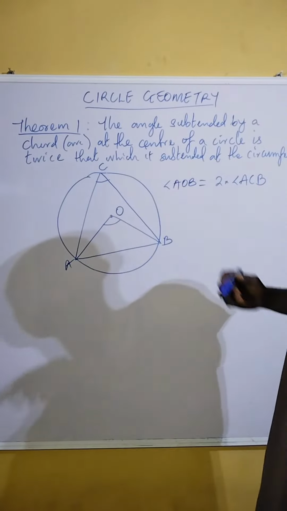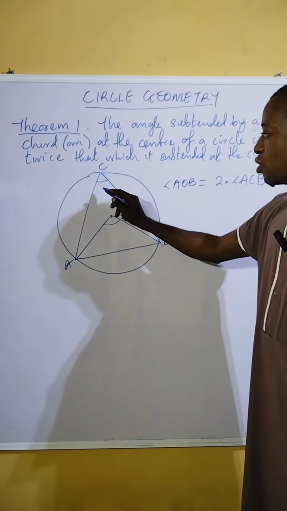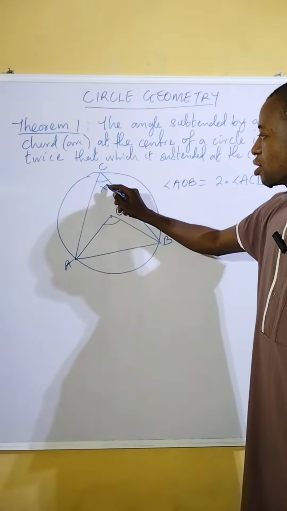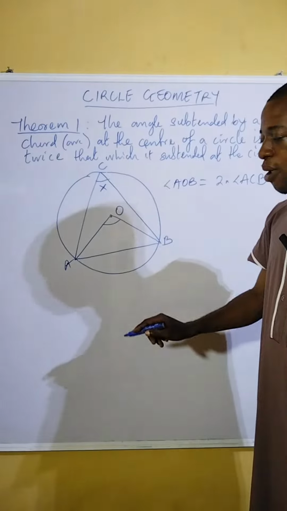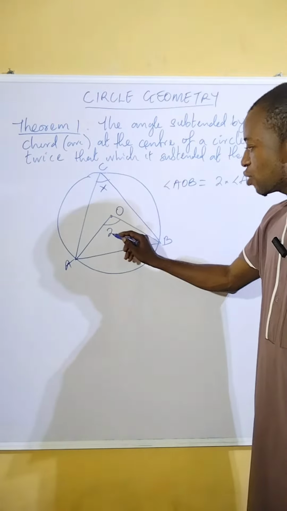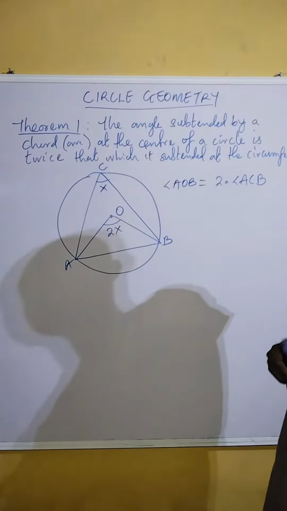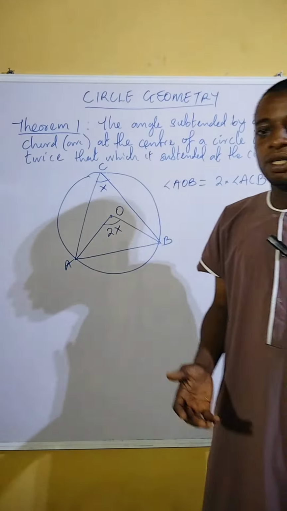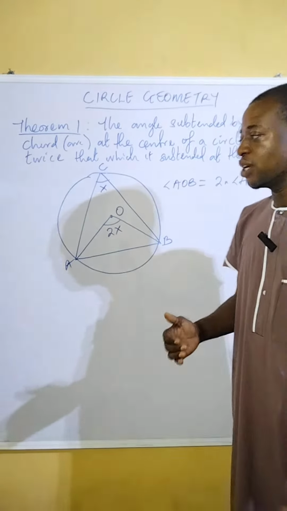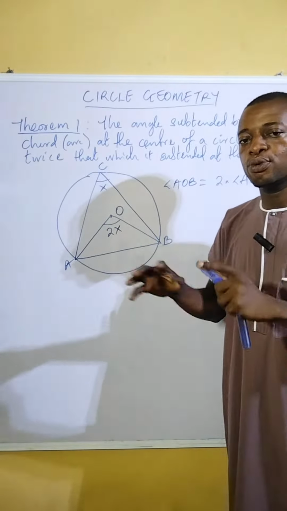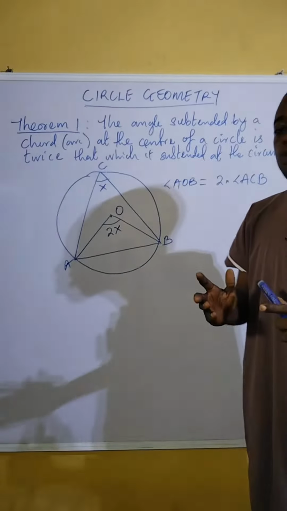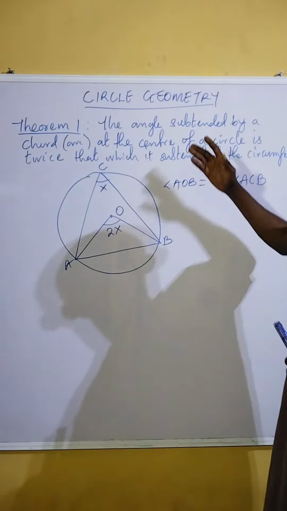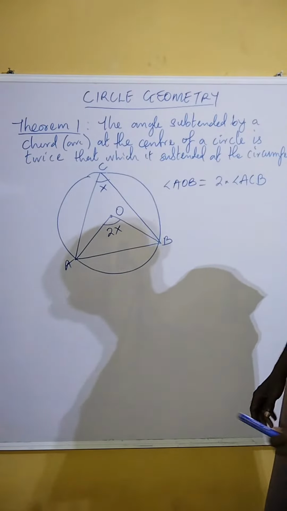For instance, if the angle at the circumference is x, what will be the angle at the center? 2 times this, that will be 2x. So that's what theorem 1 is talking about. And there is a proof for that, which is very interesting. Understanding that proof will help us to solve problems in circle geometry related to it.